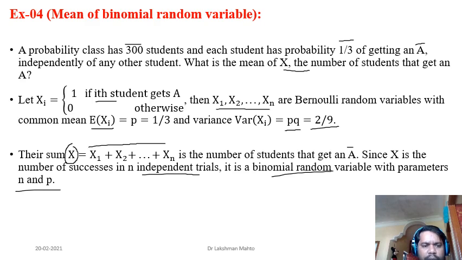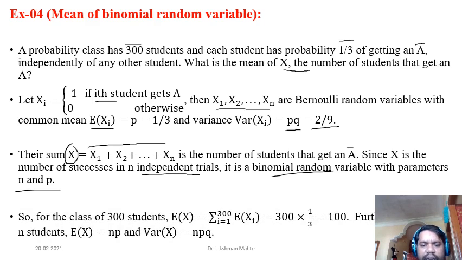N is the number of trials and P is the probability of success. We can directly calculate the mean or expectation of X, but here I am taking the help of the Bernoulli random variable idea, the decomposition of the binomial random variable in terms of Bernoulli.